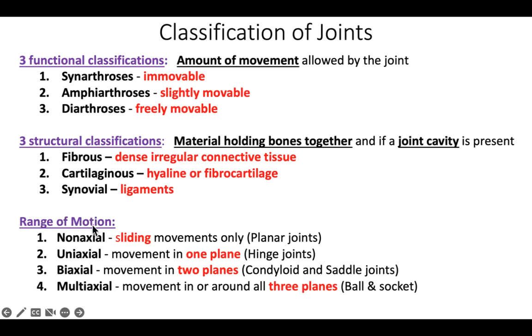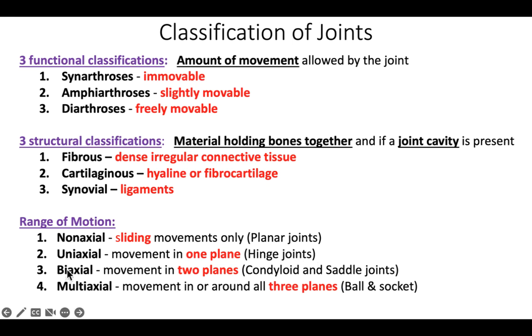And the range of motion has to do with how many planes the bones move in. If they just slide a little bit and there's no angular change to them, it's called non-axial. And the type of joints we're going to look at are planar joints. Uniaxial is movement in one plane, like a hinge joint.